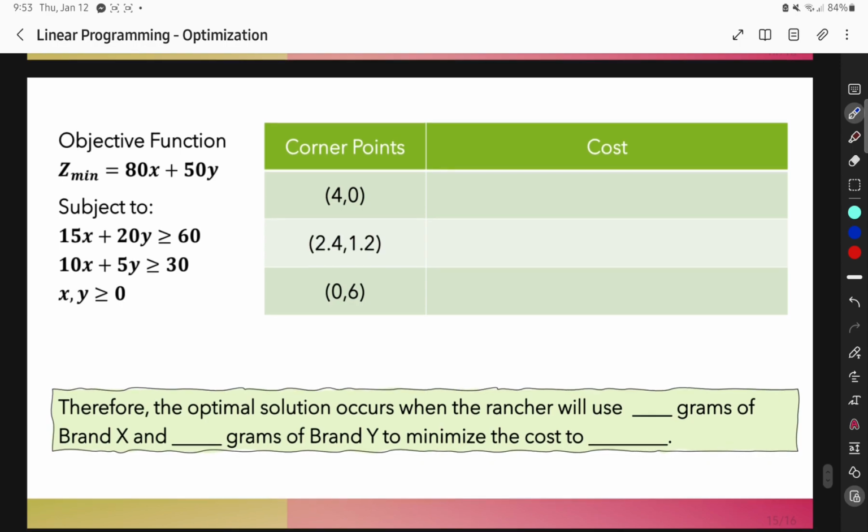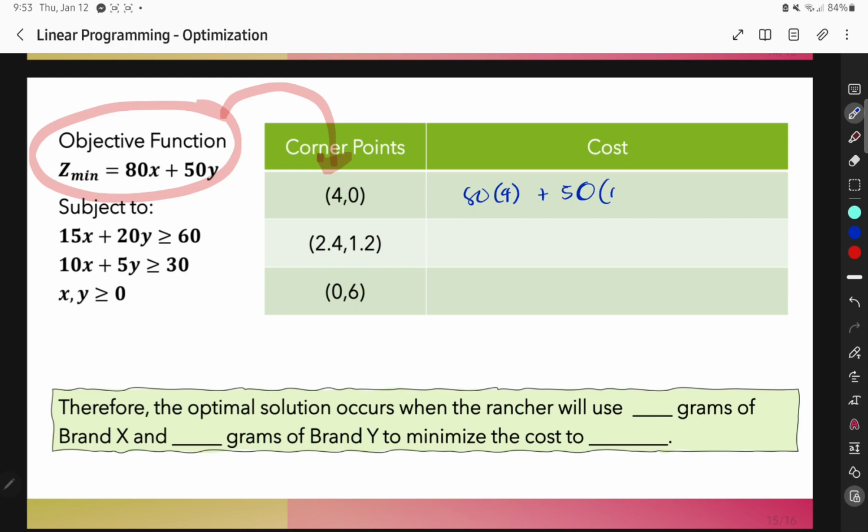Okay, now to find the optimal solution, again, we're going to use the objective function and substitute the values of our corner points. So in this case, you have 80 times 4 plus 50 times 0, which is equal to 320.